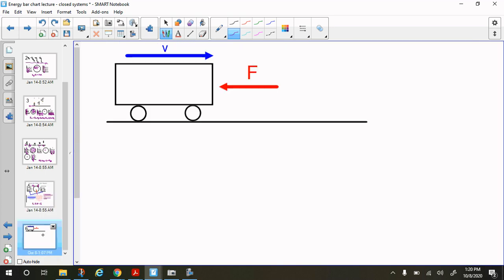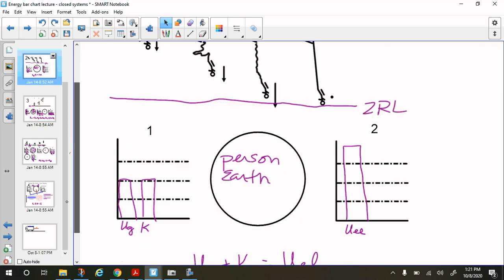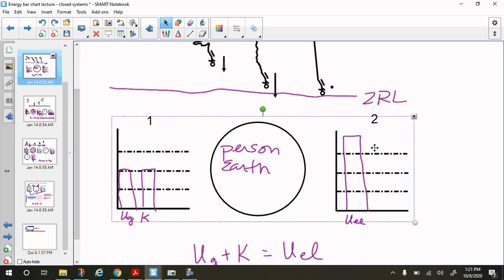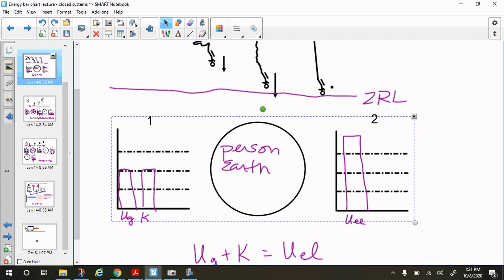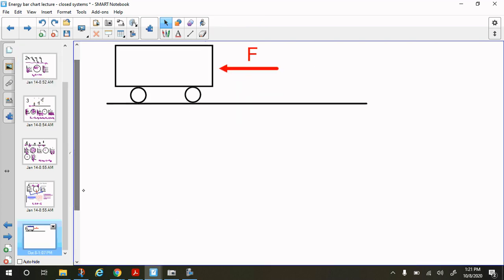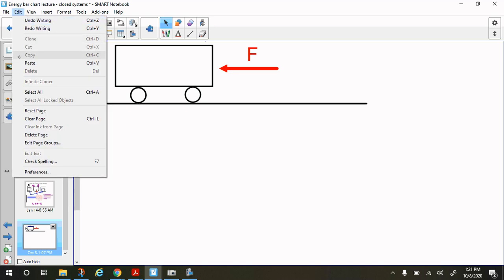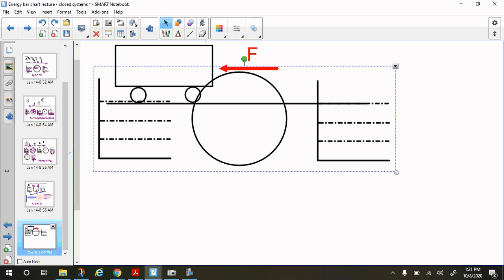So let's do an example. I didn't put the LOL diagram on here. Let me really quickly get this LOL diagram. All right.